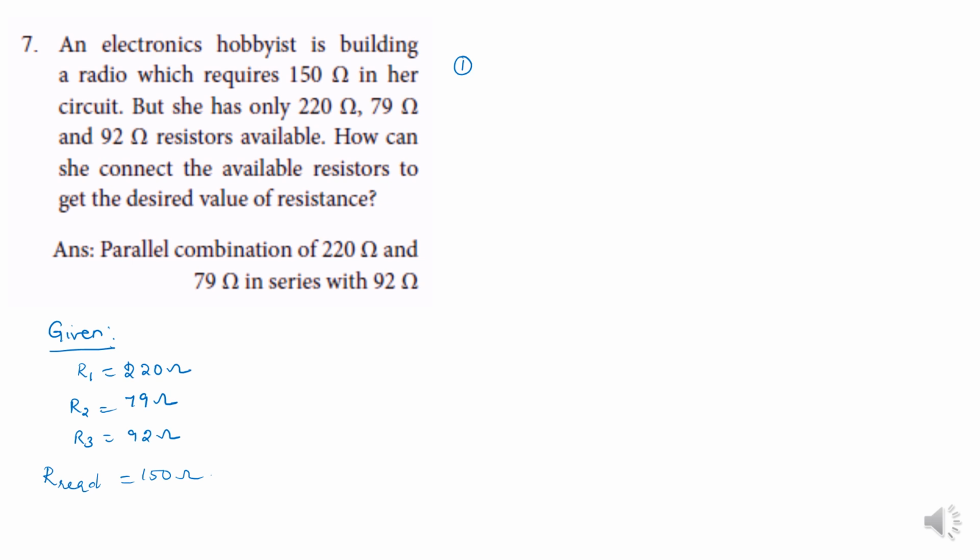But we know that if the resistors are connected in series, the equivalent resistance is larger than the maximum of the individual resistances. So R equivalent in series is equal to R1 plus R2 plus R3, okay, which is 220 plus 79 plus 92, which comes around 391 ohms, which is not what she wants.